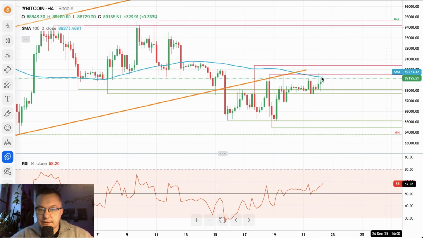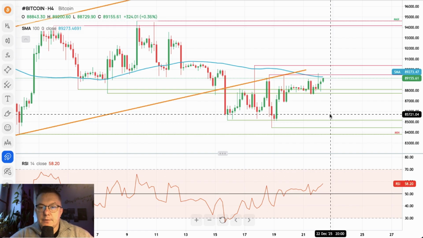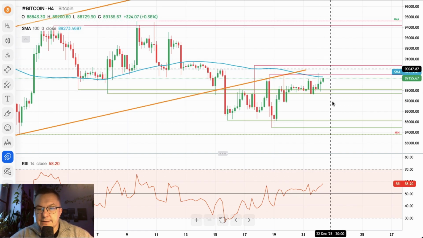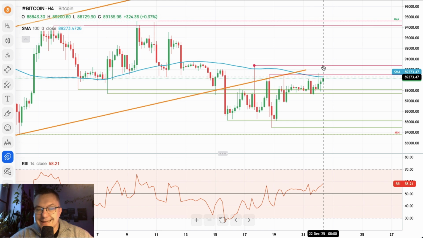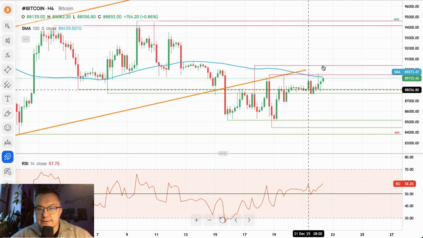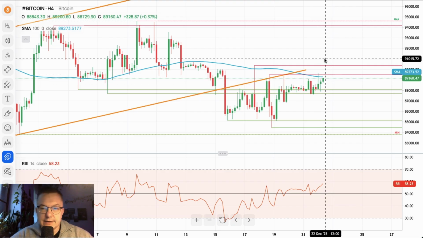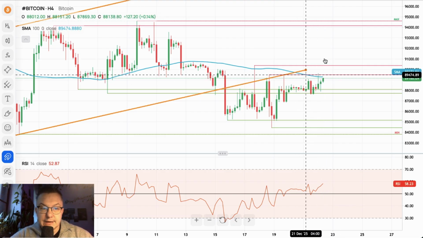With this kind of momentum, 58 points, which is positive, not very strong, but still positive momentum, there is a chance that we will get towards this area again. But as you can see, the price was rejected many times before, so maybe some very nice strong candle is needed for Bitcoin to go back inside the channel.